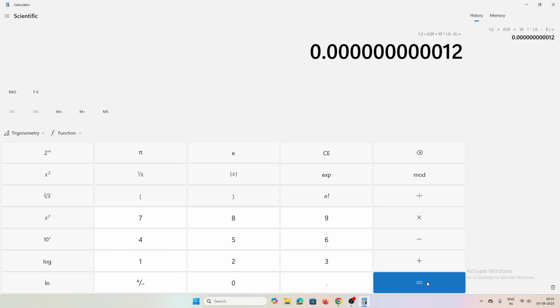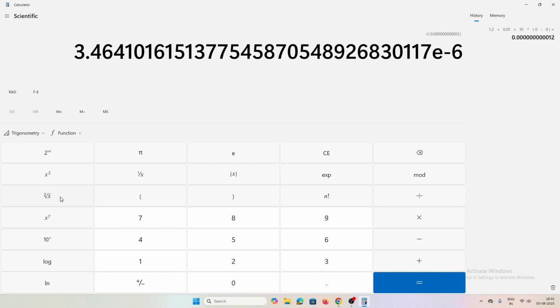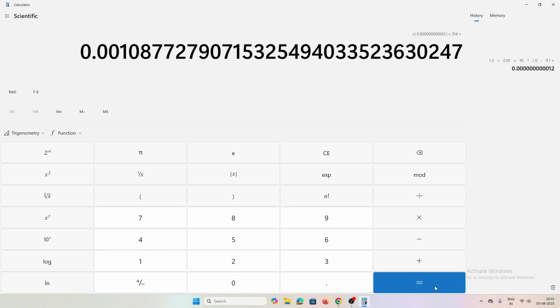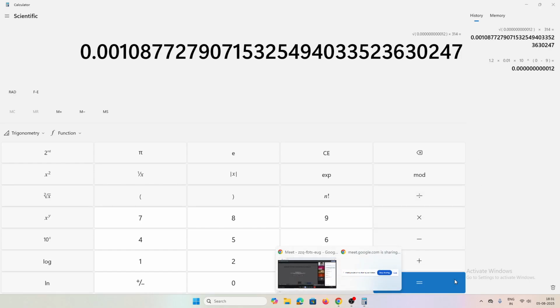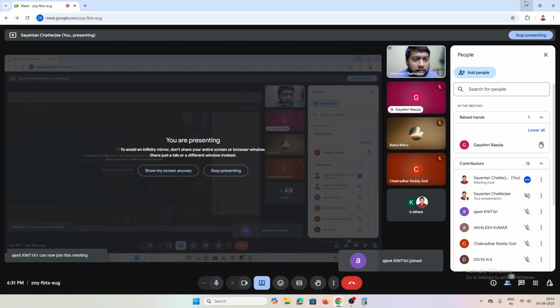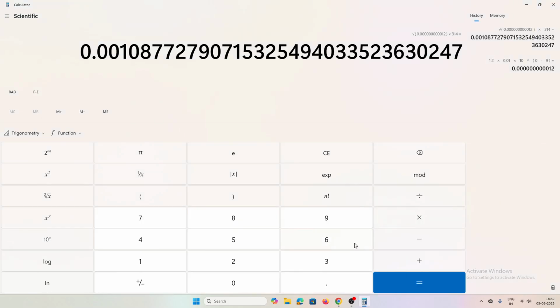So if I do the square root of this one and multiply with 314, yes, it's coming to the same value, right? So it is coming to the same value.